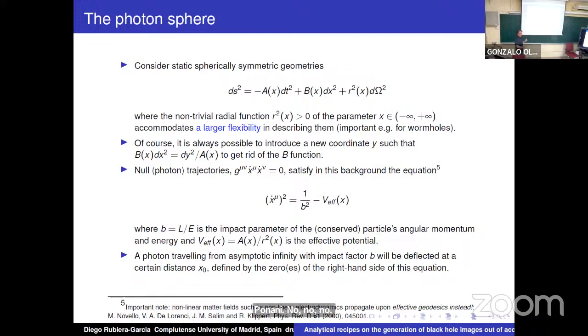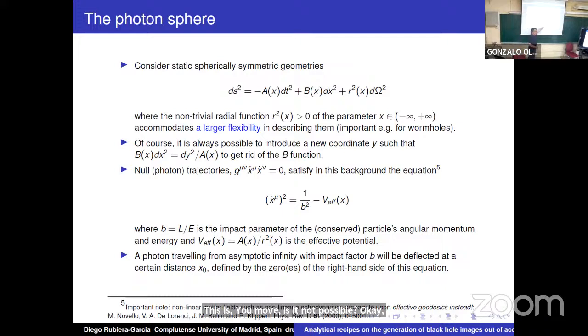This is an important thing. Okay, this is many times overlooked in the literature when people do this kind of research. The second caveat is this principle is true in general relativity. If you move beyond general relativity, it depends on the theory of gravity. The physical principle can be followed or not. Okay, but we are in general relativity, so everything is fine.